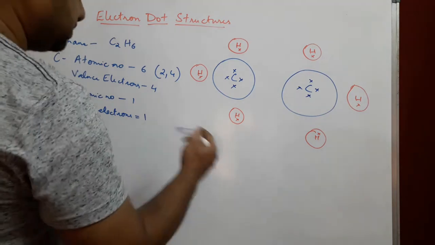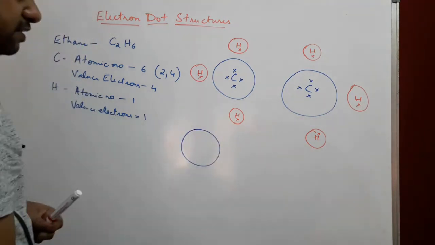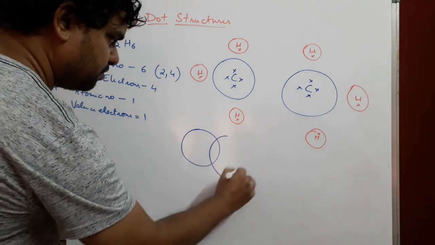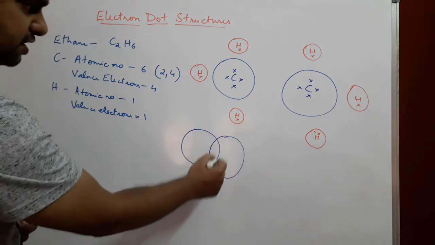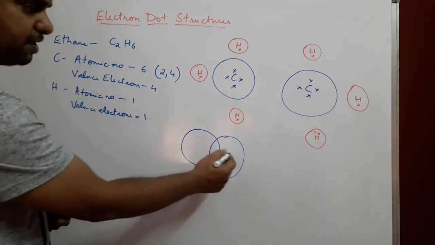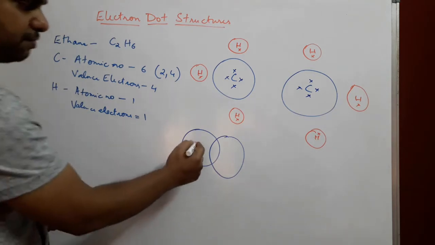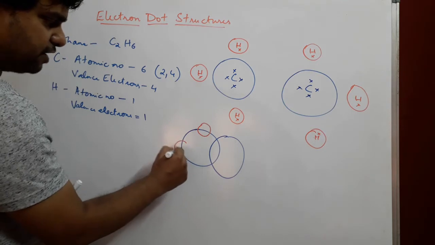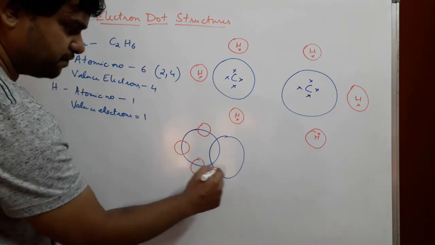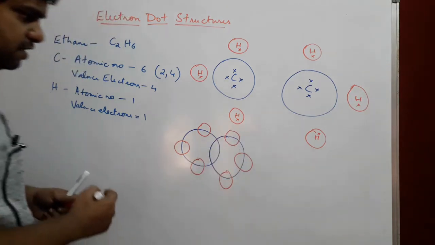In this case, we draw 2 carbon atoms first, and these 2 carbon atoms will combine with each other. The overlapping region shows that there is sharing happening between the 2 carbon atoms. In addition, there is sharing happening with the hydrogen atoms as well, and there are 6 of them.